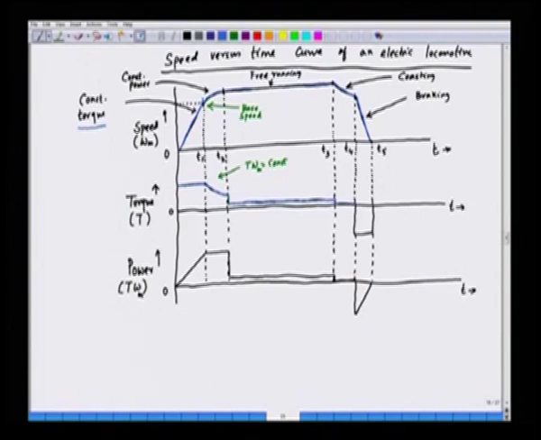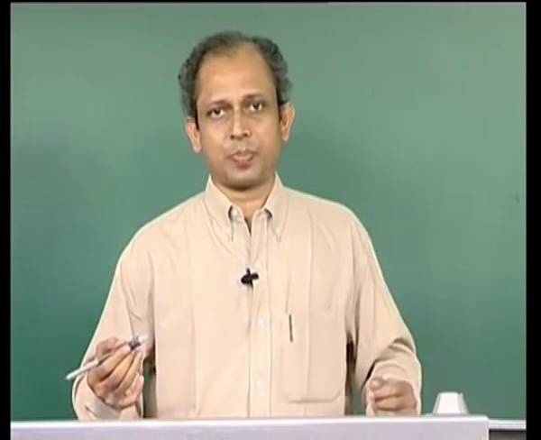So, the torque becomes equal to 0, and the motor runs because of the kinetic energy stored in the mechanical system. The vehicle has a large inertia, it stores energy, and during the coasting region this kinetic energy stored in the inertia of the vehicle caters to the motion.